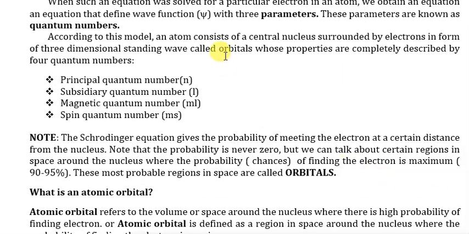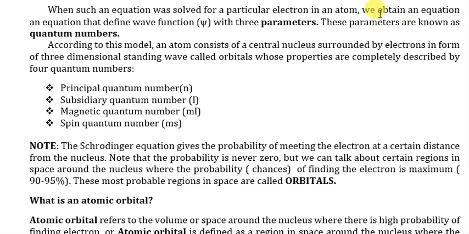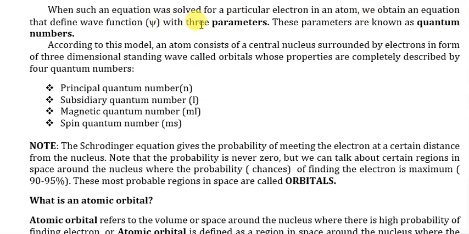When such an equation is solved for a particular electron, we obtain an equation that defines the wave function psi with three parameters. These parameters are known as quantum numbers. So for each electron, when we took one electron and put it into that equation, looking at its x, y, z dimensions, we end up with three parameters, which Schrödinger called quantum numbers.